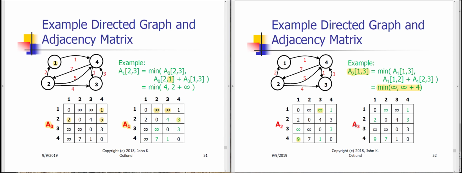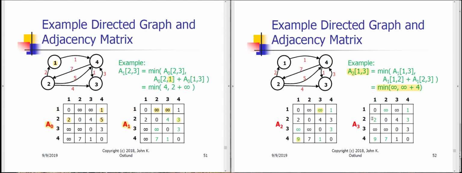A sub 3 is going to additionally allow us to use node 3 as an intermediate node. To be clear, in A sub 3, we have either the same node as the source and the target, so the diagonal is always 0. We have direct connections permitted.